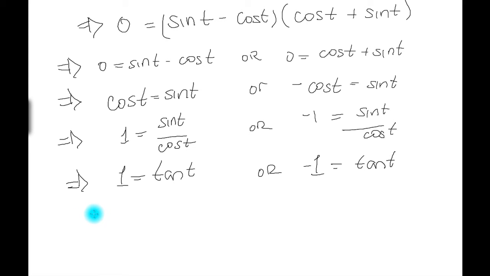Well, tangent is equal to 1 when t equals pi over 4, or 5 pi over 4. And the question will be, when is tangent equal to minus 1? Well, tangent is equal to minus 1 in 3 pi over 4, or 7 pi over 4.